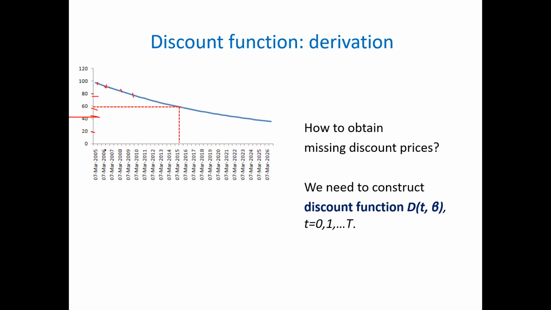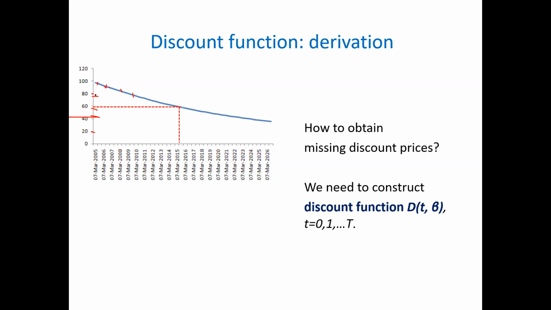I can arbitrarily choose any time to maturity, and then I can immediately say what the discount price is for this time to maturity. So that's what we would like to have for a government bonds market, this kind of curve.